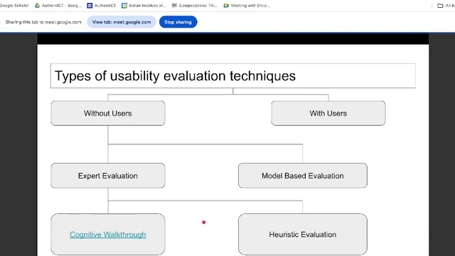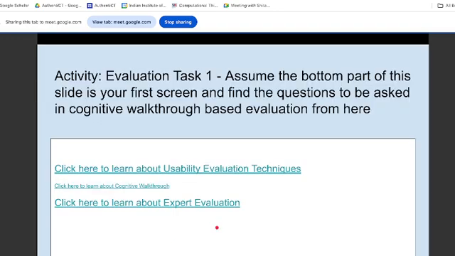First, let's look at the cognitive walkthrough method. Here's another activity. I will go through this activity first for you; you don't have to go through it. Just assume that this is the first screen of our application.